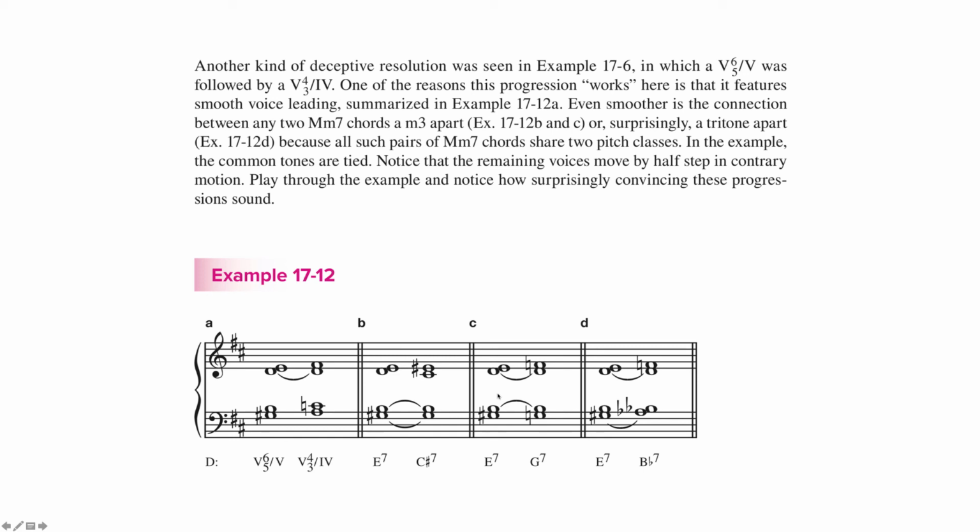And in C, the same. Only two outer voices move by half step and the other voices stay. Also in the D example, only the soprano and tenor parts move by half step and the other voices stay.